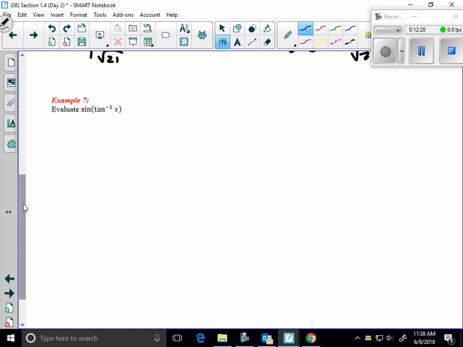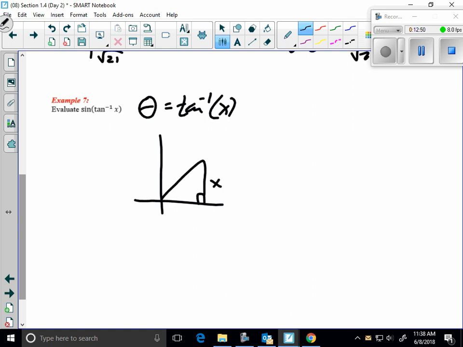So here, there's no numbers involved. How the heck am I supposed to do this without a calculator? Well, I would treat the inside of this as theta. I'm just going to draw an angle that has, in this case, tangent inverse of x equals theta. Well, I'm going to assume x is positive for the moment. So the tangent is x.